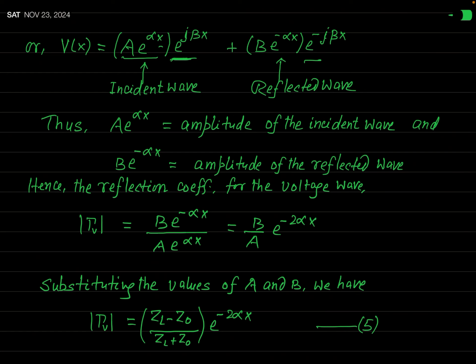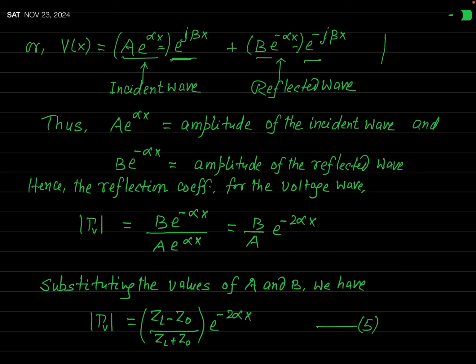It will either increase or decrease with increase in x. In this incident wave, with increase in x the amplitude will increase because e contains a positive power. But in the case of the reflected wave, the amplitude is B times e to the power minus alpha x. So with increase in x, this amplitude will decrease.